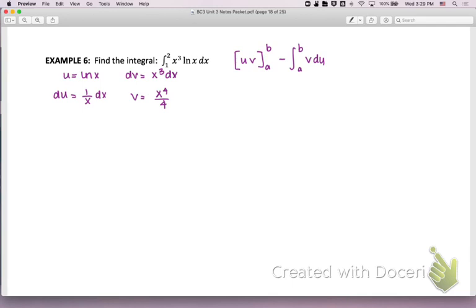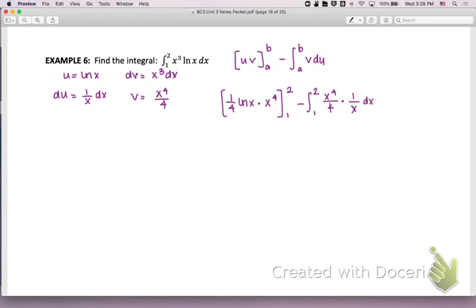So u times v is going to be the natural log of x times x to the 4th over 4. I lost my train of thought there for a second. And that we need to evaluate from 1 to 2 minus, now we want the integral from 1 to 2 of v, which is x to the 4th over 4, times du, which is 1 over x dx.